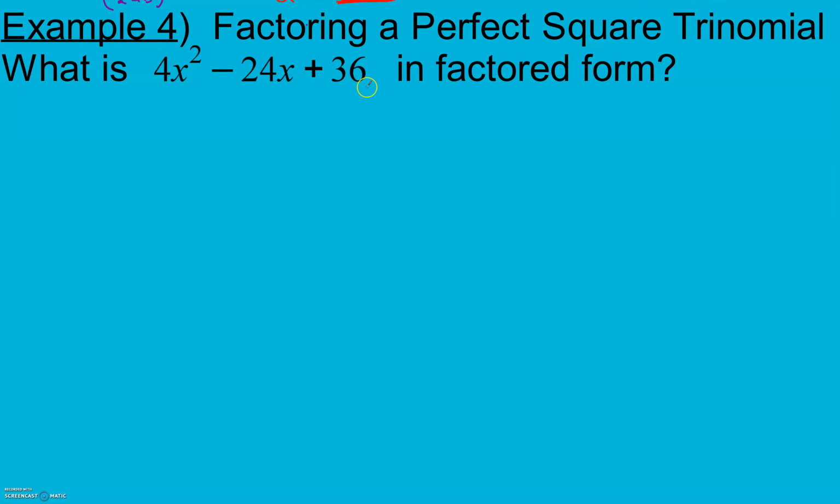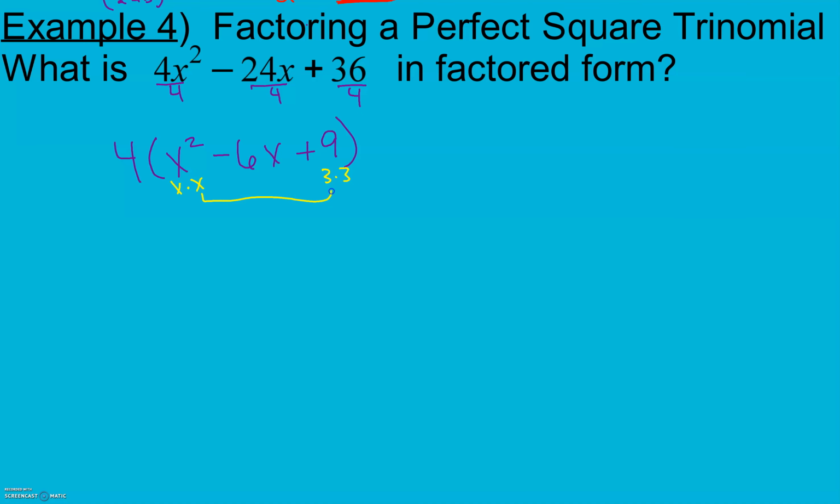Here in example 4, our first step is always to check if there's anything common. Well, we see that they're all even. So our first step, anytime we have a number in front of our x squared, is to see if we can take it out. I can take a 4 out of all of these. Or we can use our factors. And what I'm left with is x squared minus 6x plus 9. Now, x squared is a perfect square, and 9 is a perfect square.